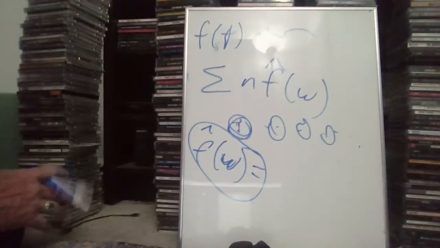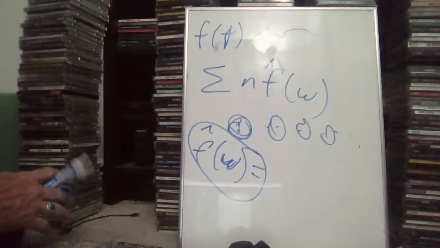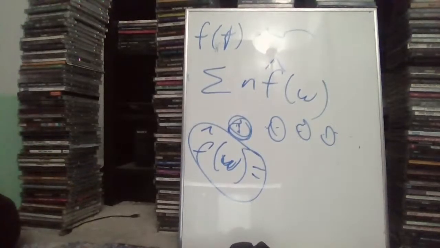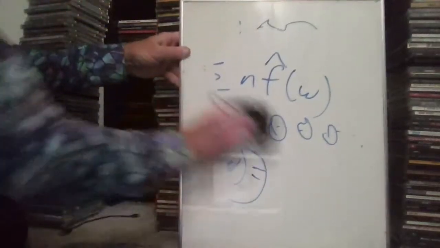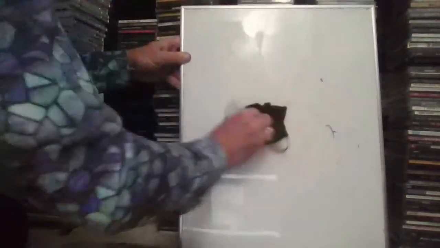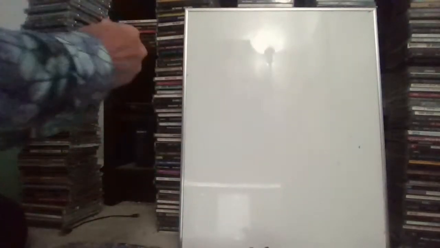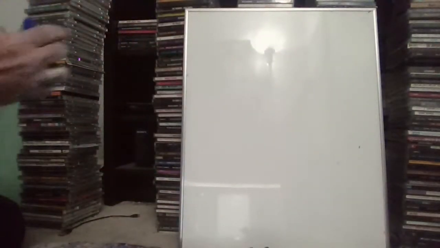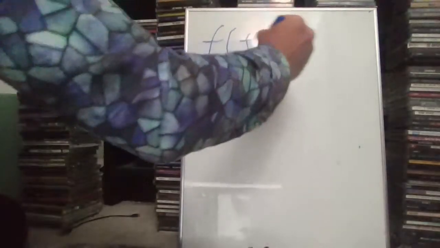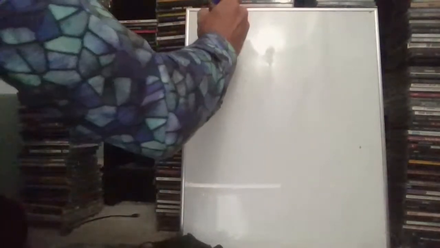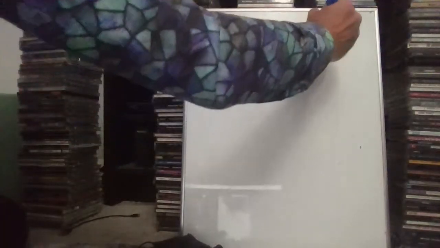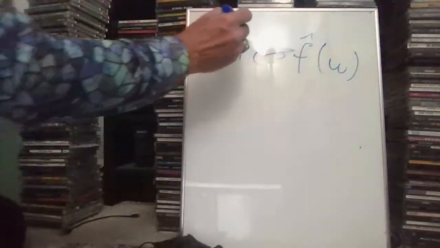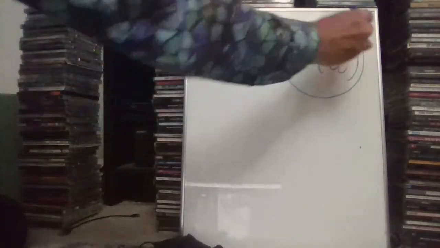The frequency domain of a time domain function is called the Fourier transform of that original time domain function. And what's interesting about systems engineering from there is that you have f of t going back and forth with f hat of omega: time domain, frequency domain.